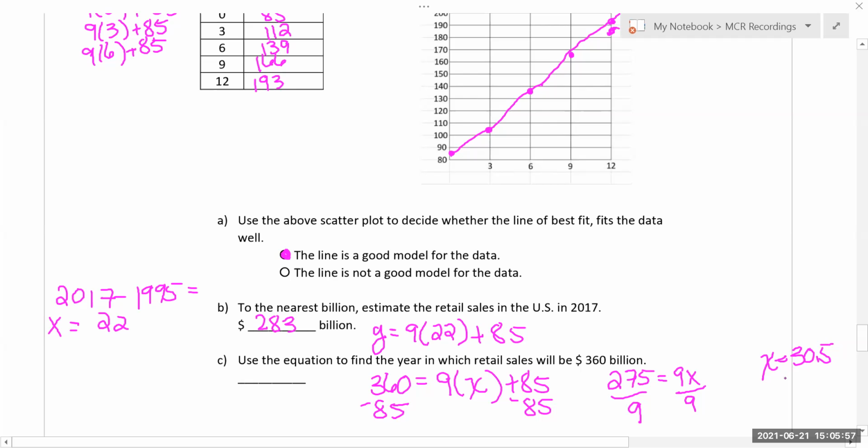So I need to round up to 31 years because they won't be at 30. They won't be quite there. So it's 1995 plus 31 is the year 2026. So pay special attention to that question and make sure you understand it. All that good stuff. Every problem on here is definitely a good one for your 154.